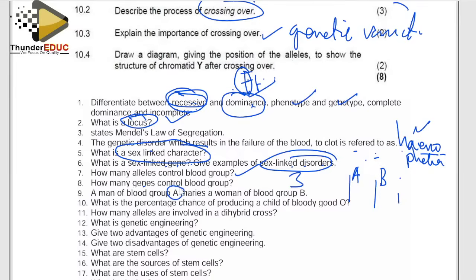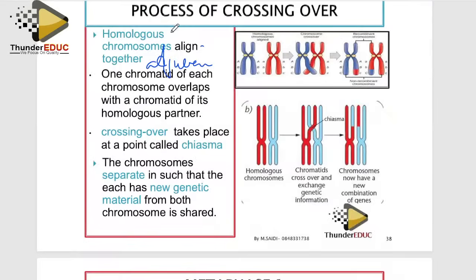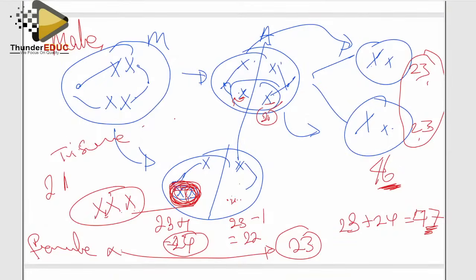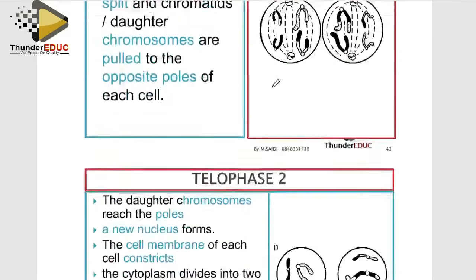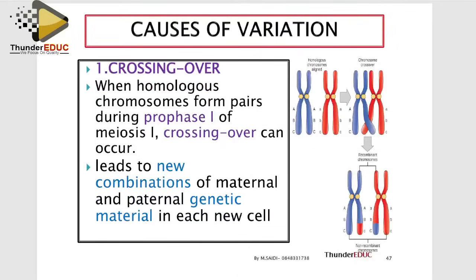A man of blood group A marries a woman of blood group B. Okay. What is the percentage chance of producing a child of blood group O? Okay. Here you have to go for a genetic cross. And you cross and you find out if a man of blood group A marries a woman of blood group B, what is the percentage chance of producing someone with blood group O?